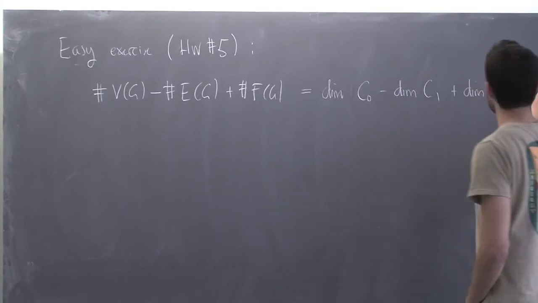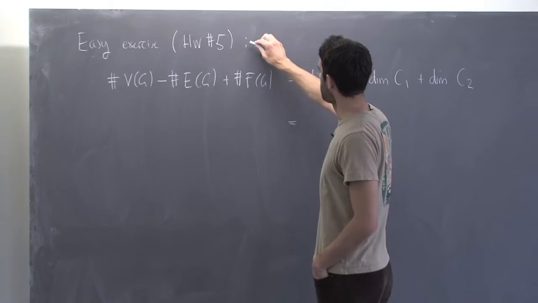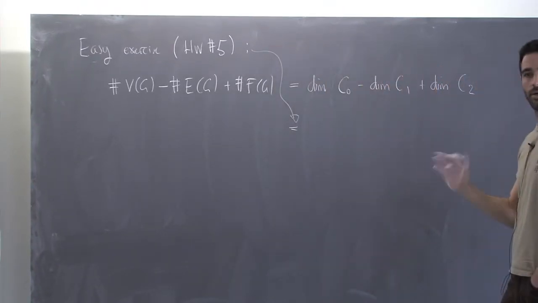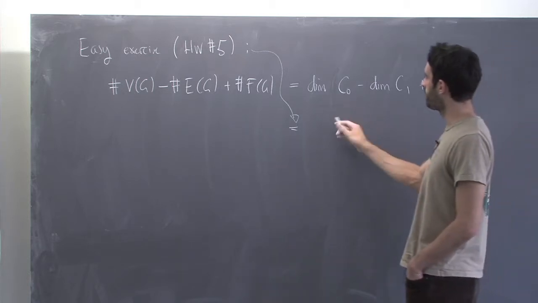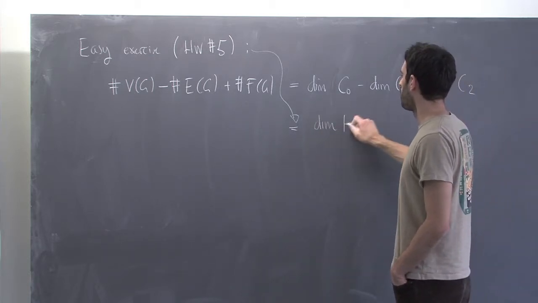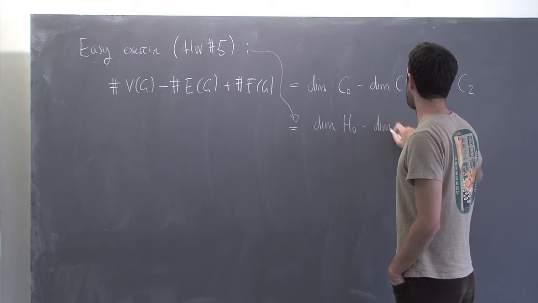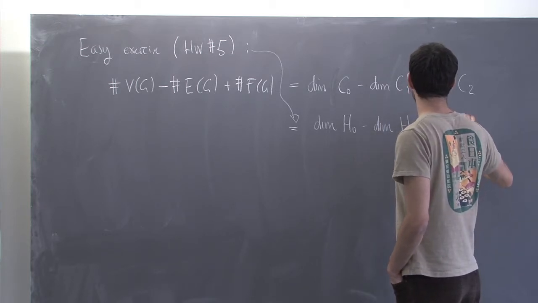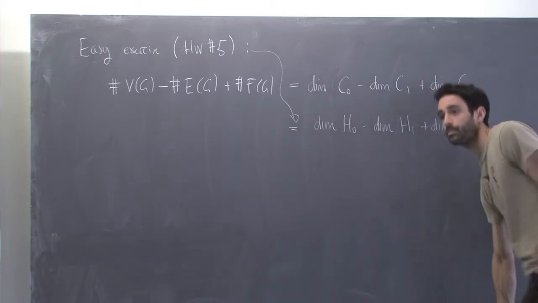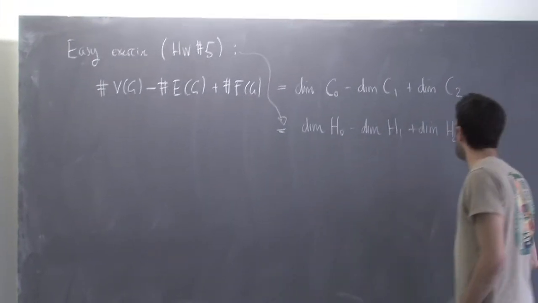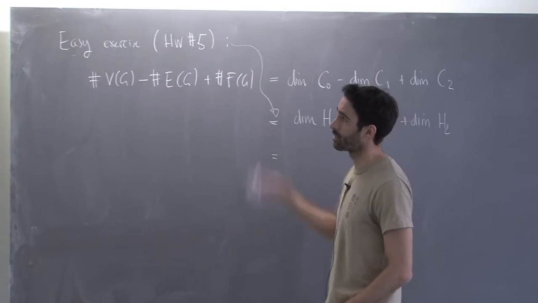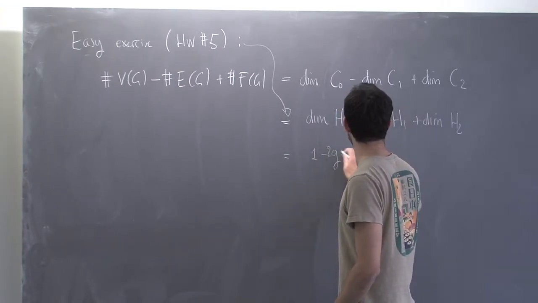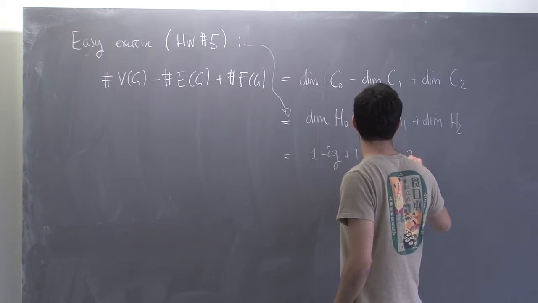And the easy exercise I'm talking about is that you use the rank theorem in linear algebra and you show that this is equal to the dimension of H0 minus the dimension of H1 plus the dimension of H2, which is equal by the first fact to 1 minus 2g plus 1, that is 2 minus 2g.